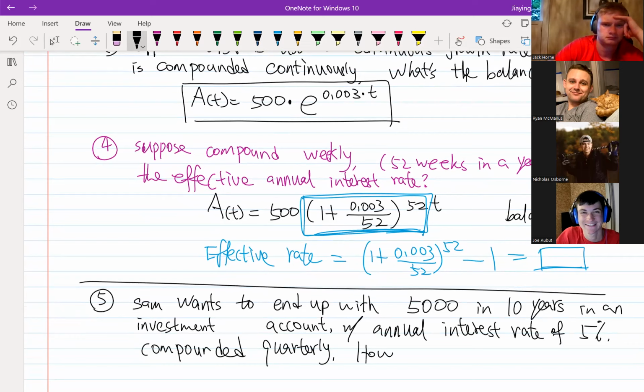So how much should he deposit initially?